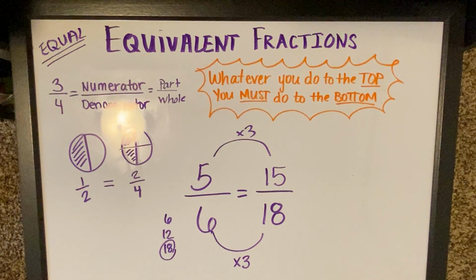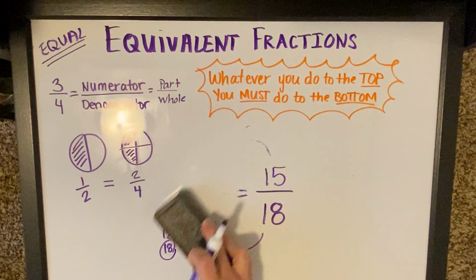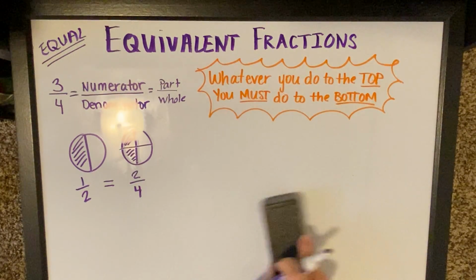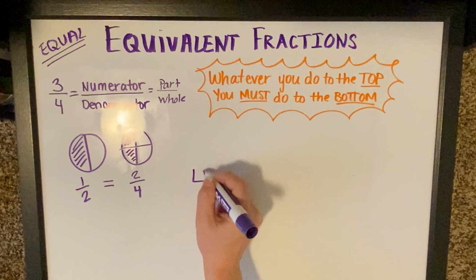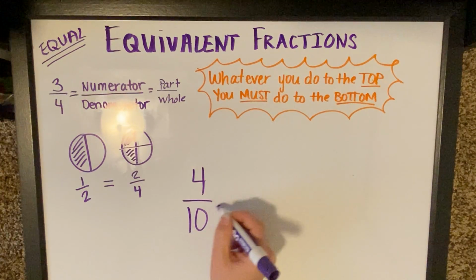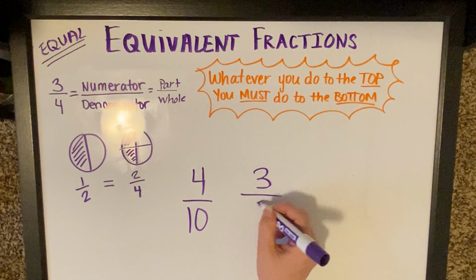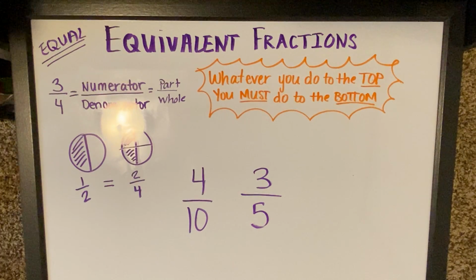You may not always have a problem that gives you a denominator. In some cases, you might be asked to tell whether or not they are equivalent or what we multiply by. So if I were to give you 4/10 and 3/5, and you have to determine are they equal, you have to decide what we multiply each by.